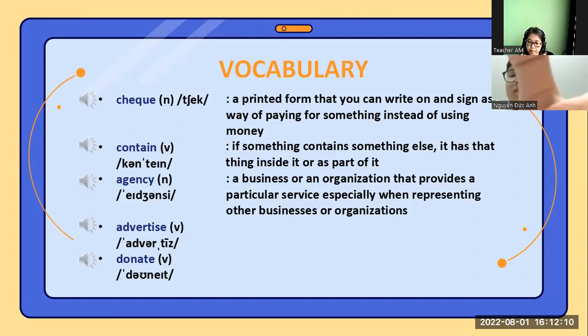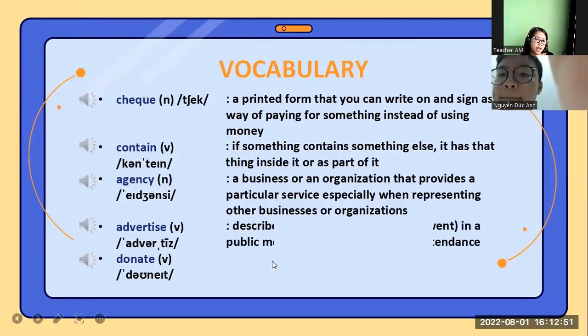Describe or draw attention to a product, service, or event in a public medium in order to promote sales or attendance.